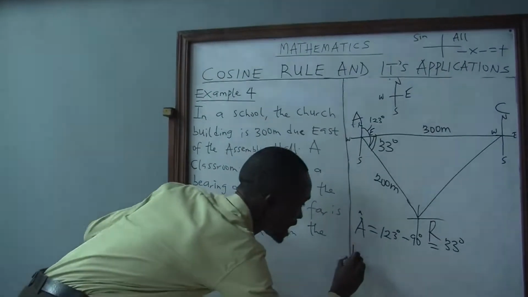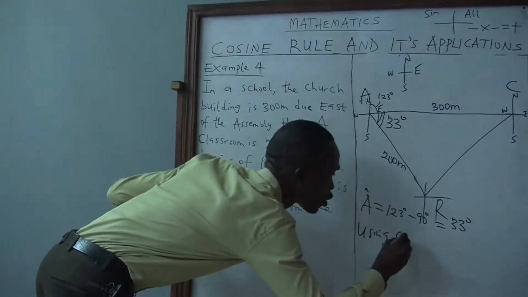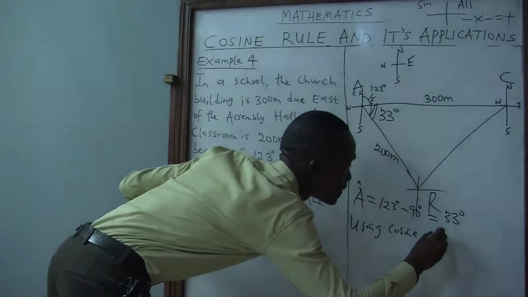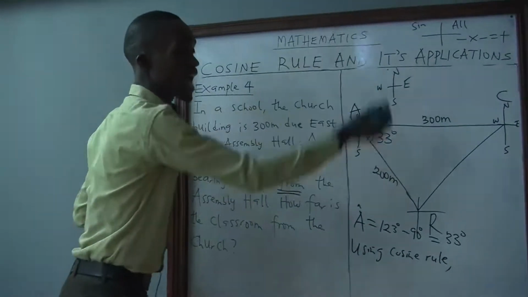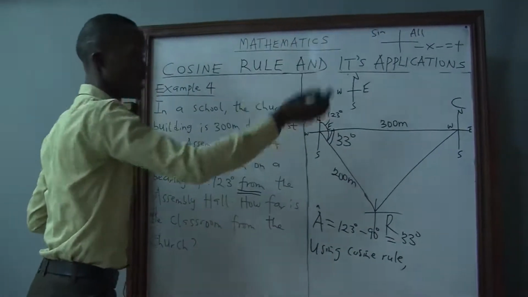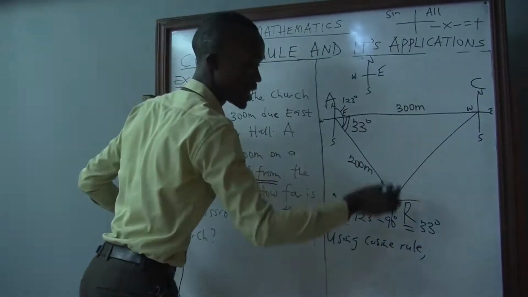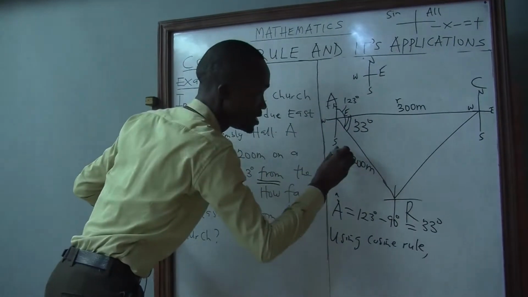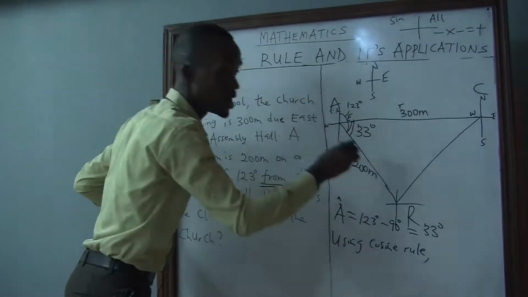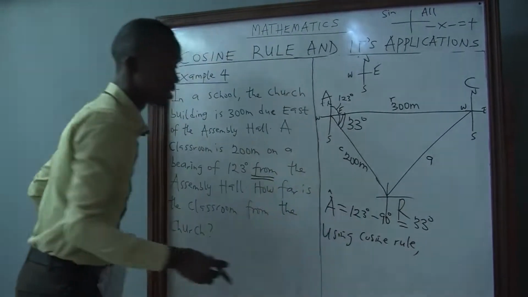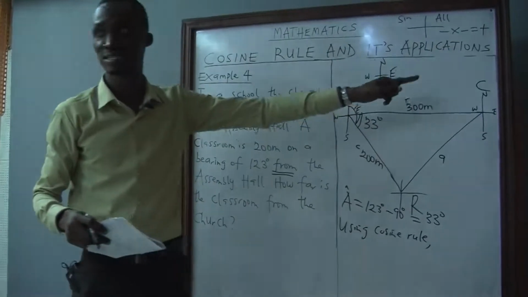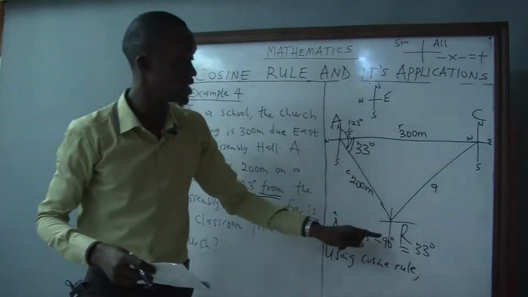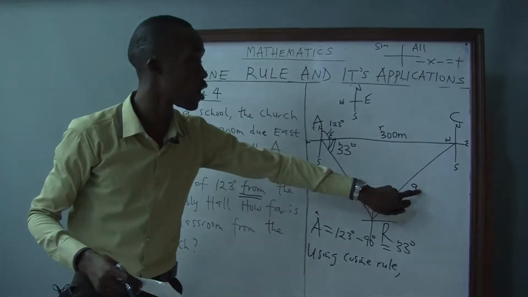So using the cosine rule, the side facing each angle is represented with the small letter. So this is R, this one will be small r, that is angle C, this one will be small c, this is angle A, and this one will be small a. The question is asking us to calculate the distance from the church to the classroom, that is small a.